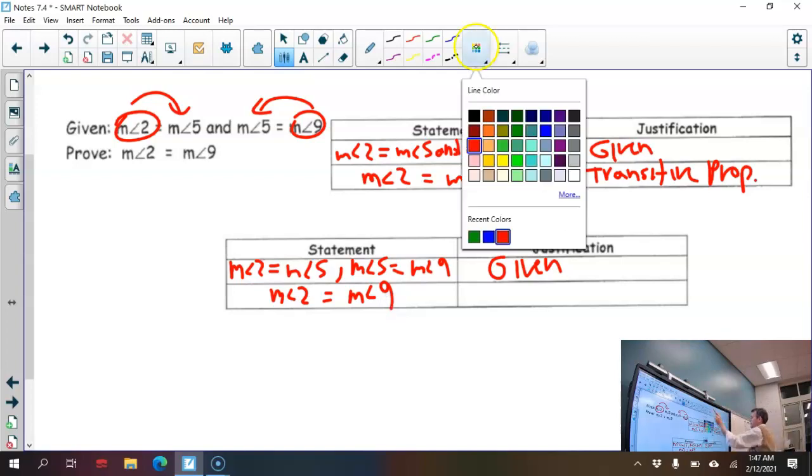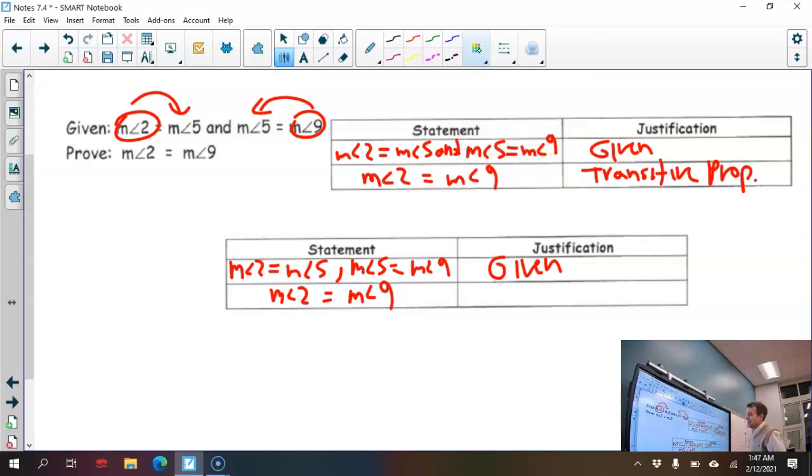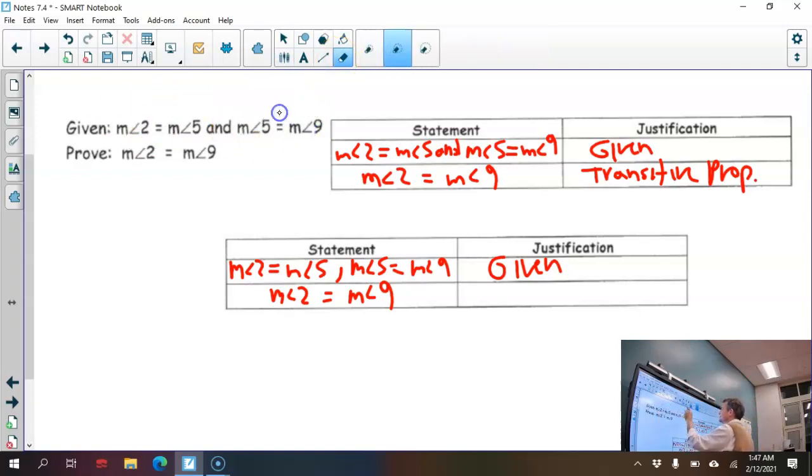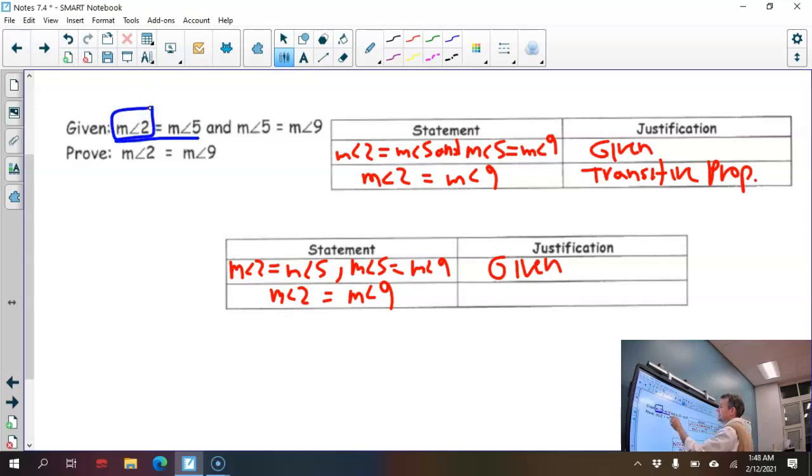The other way to do this one would be to say, all right, because these are equal, I can take this guy and I can substitute him in for this guy over here.